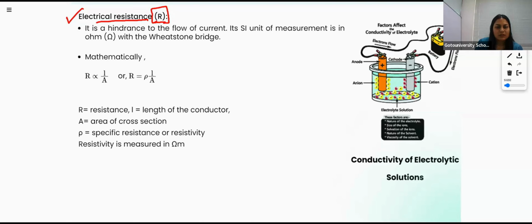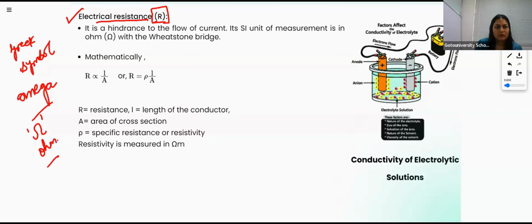Its unit is represented by the Greek symbol which is called omega. This symbol is termed as ohm.